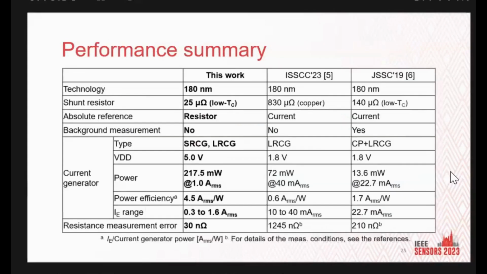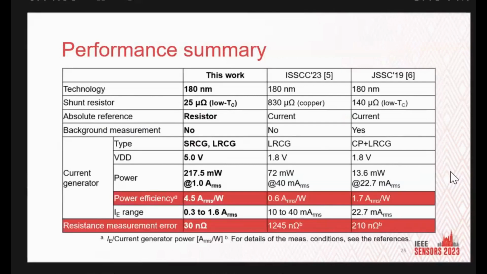This table summarizes the performance of the proposed resistance measurement system with the prior state-of-the-art systems for current sensors. The proposed system achieved higher power efficiency and lower resistance measurement error.